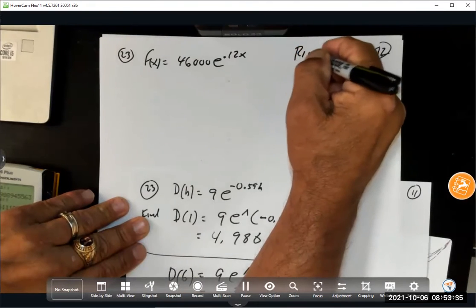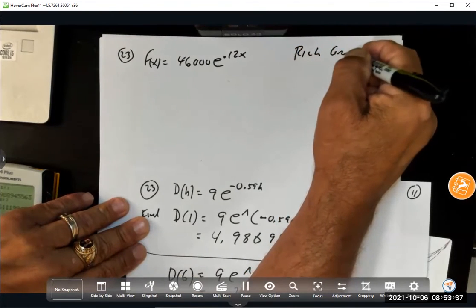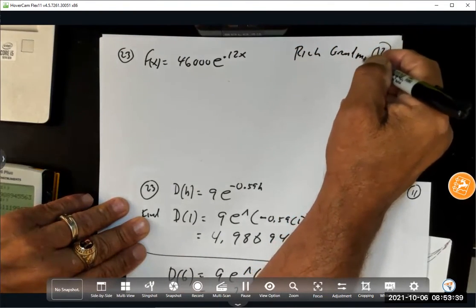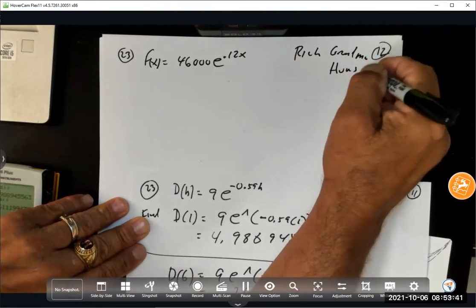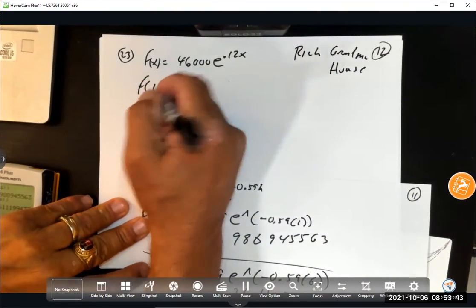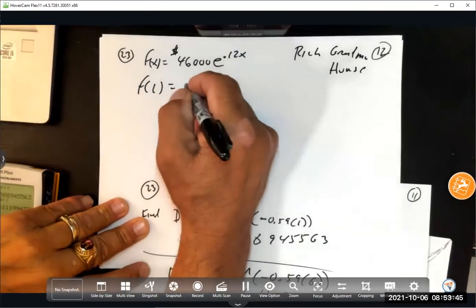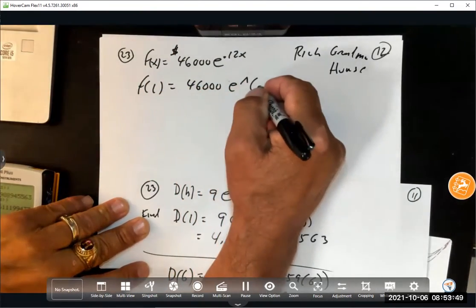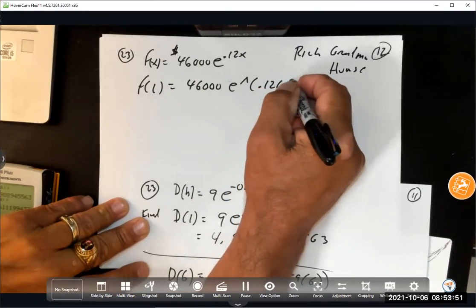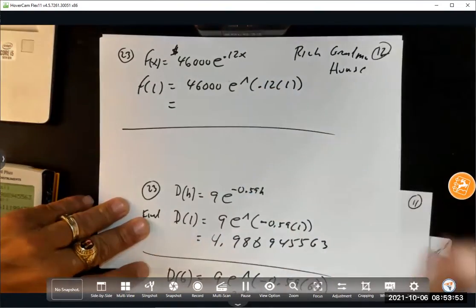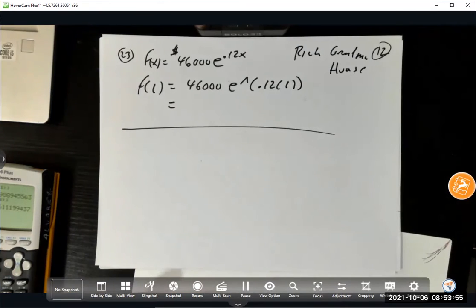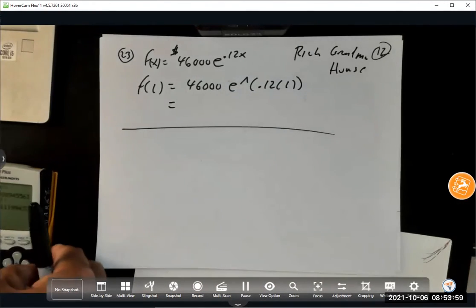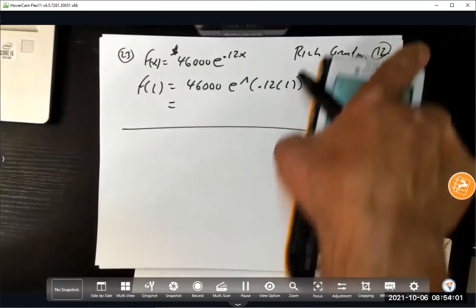We'll say this is the rich grandma. Oh, her house. All right. So 1 year after she bought her house, how much can she get for her house? So you're going to do 46,000 e to the power of 0.12 times 1. Do that on the calculator. See what you get. Now do it on mine too.